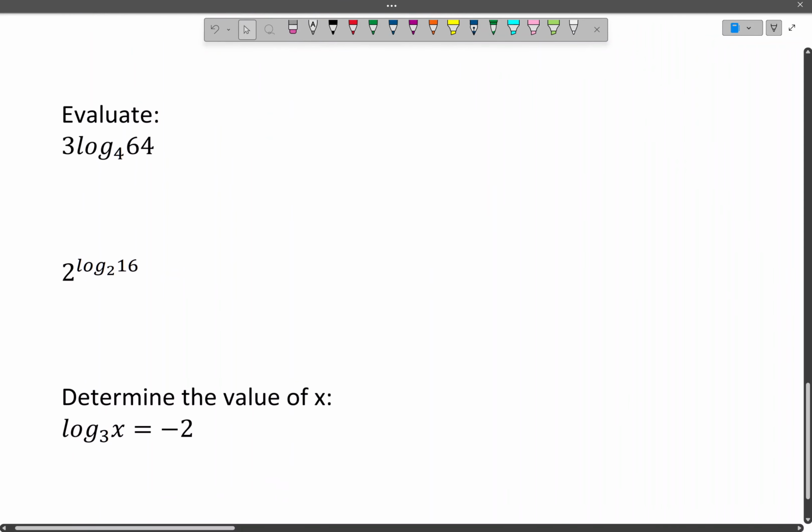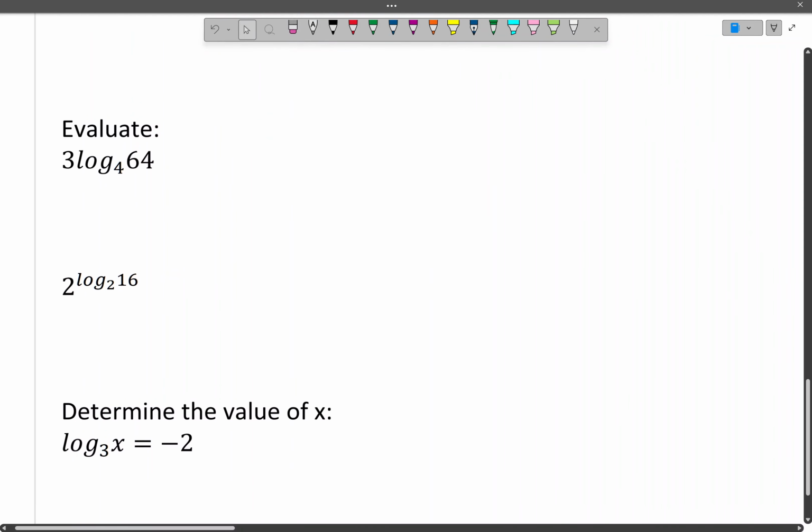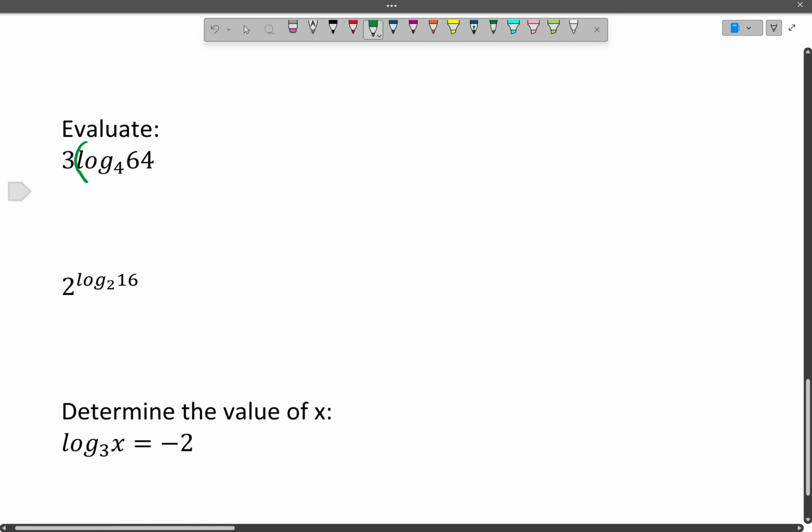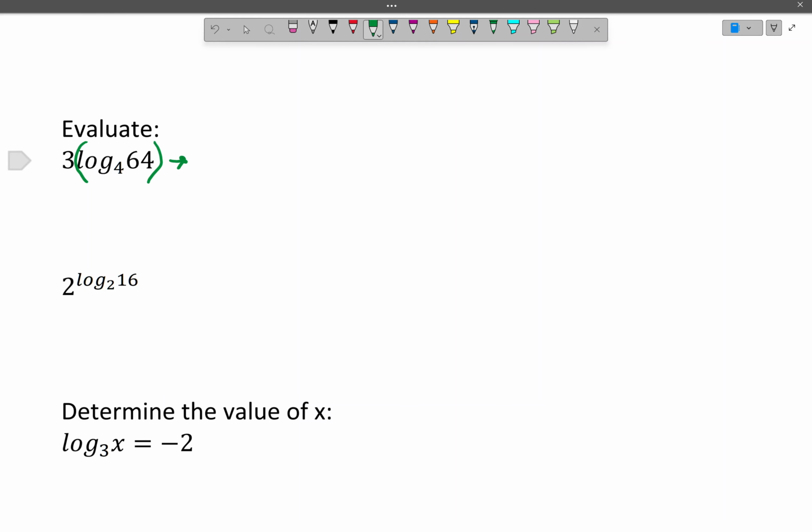Okay, let's keep going. We're going to see another couple examples. We're almost done the video. We've got this one here. Now, this one is a little bit odd. But what we can do is evaluate this part in green and then get our answer. So we're just going to look at the green part and change it. So it's 4 to the x equals 64.